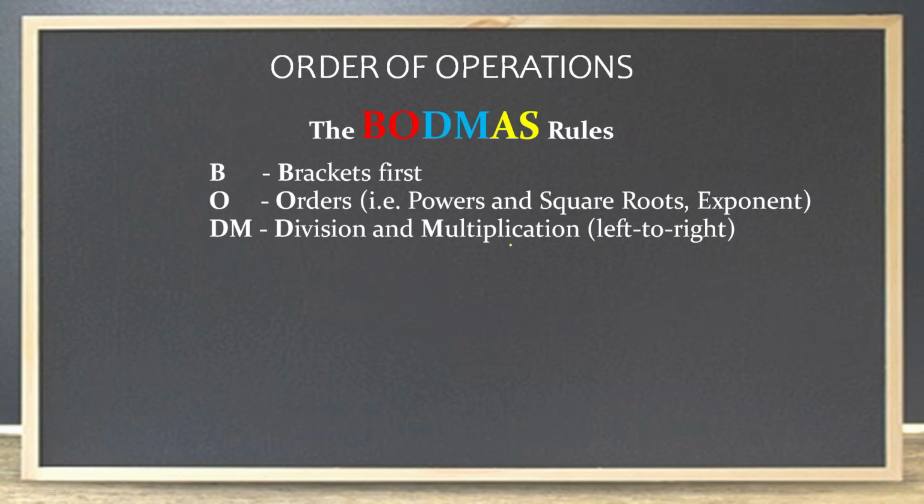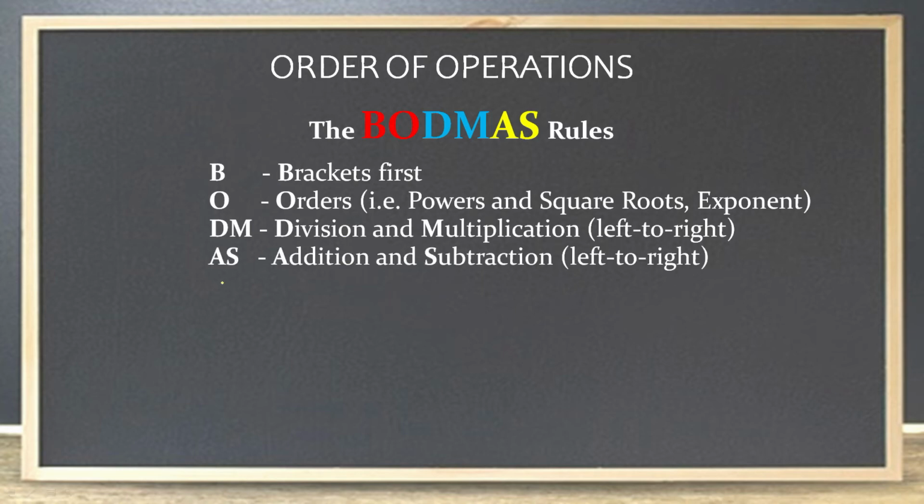So if in a problem division appears to the left before the multiplication, in that case you will perform the division first. Just as addition and subtraction are also of the same level, either of them can be performed first, but keeping in mind that you take it from the left to the right.